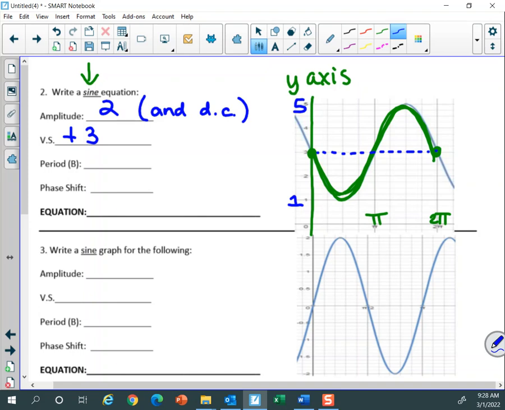So the first things I see, once I highlight that section and we talk about this graph based on that section, I see a flipped over sine. So a sine with a direction change going on, with an amplitude of 2 around a vertical shift or baseline at 3.